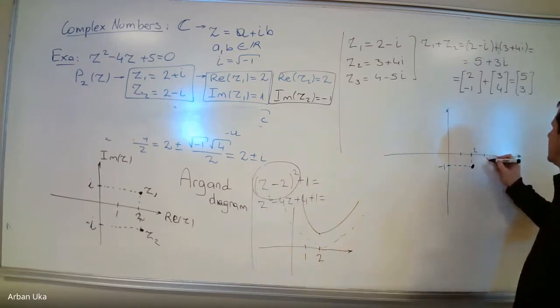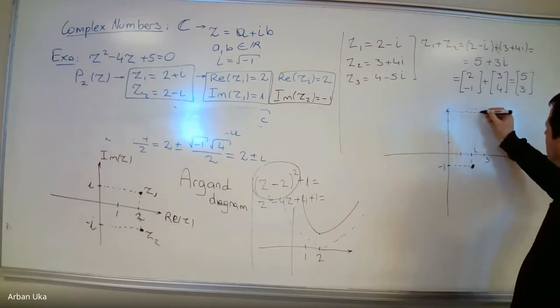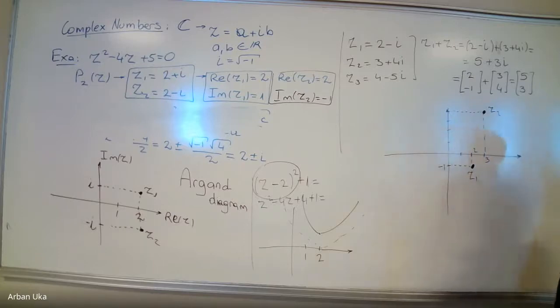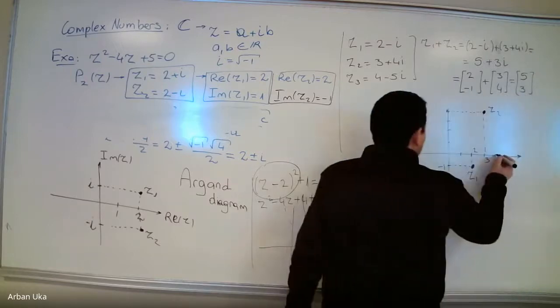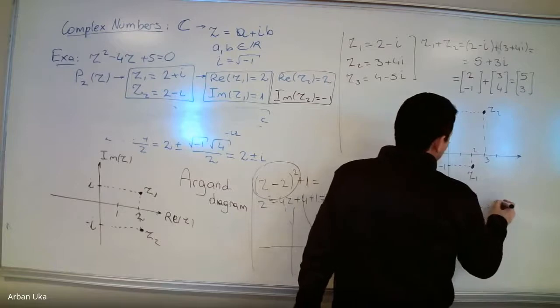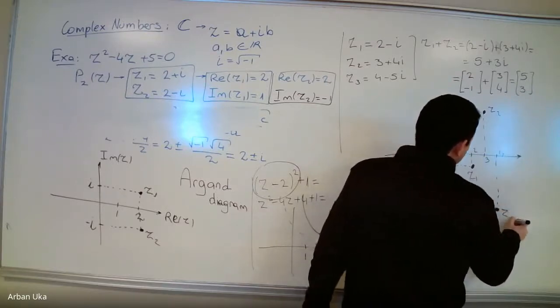This is 3, 4i, 1, 2, 3, 4. So this is Z2. This is Z1. Z3 is 4 minus 5i. This is 4 here. 1, 2, 3, 4, 5. So this is Z3.